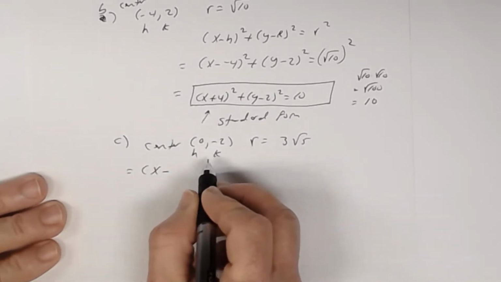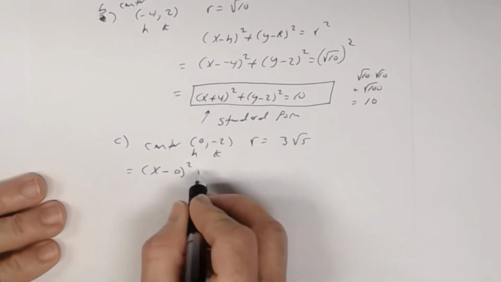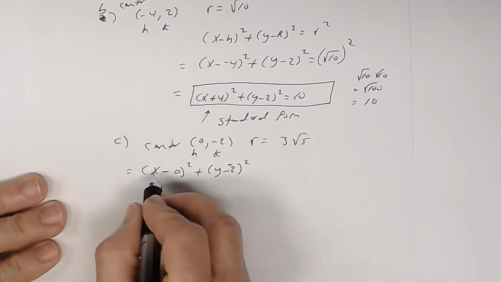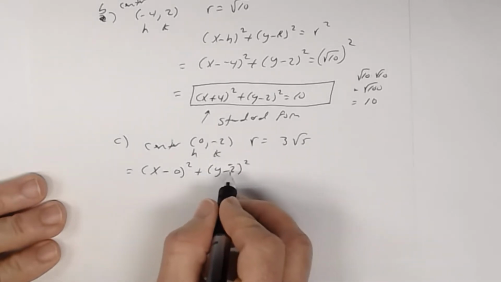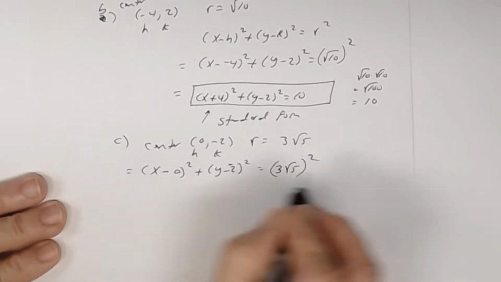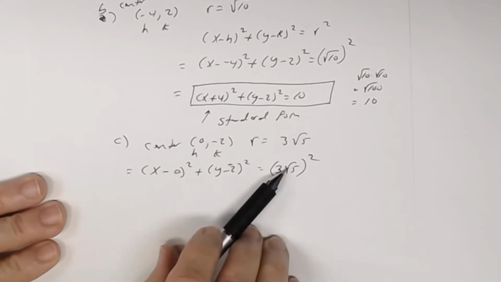It helps to denote it. So (x - 0)^2 + (y - (-2))^2 = (3 square root of 5)^2. Remember it's always x minus h, y minus k. Here's your radius, and you're going to square it.